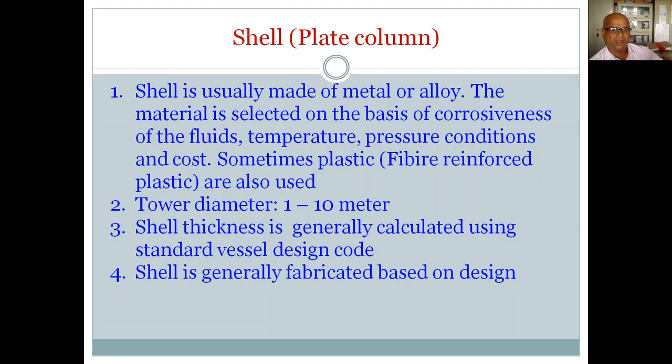And this is design, because you are the chemical engineer, you will tell the company, okay, I need the shell of this diameter with this material and this thickness. Then it will be fabricated by the construction company.